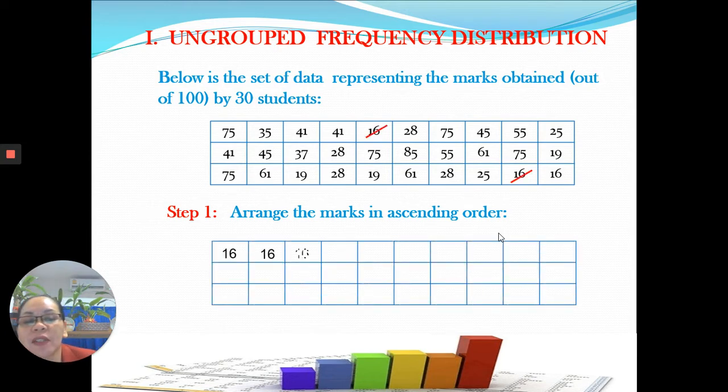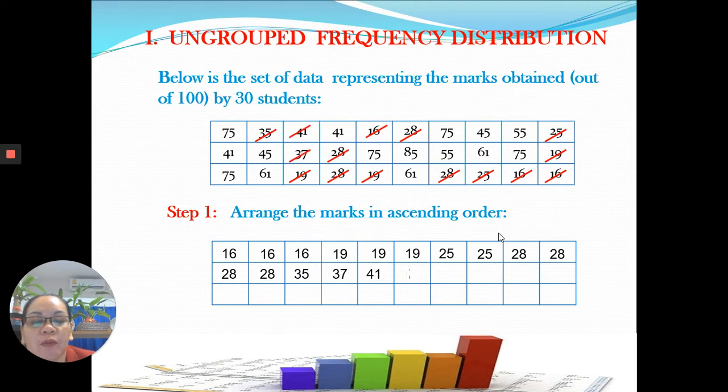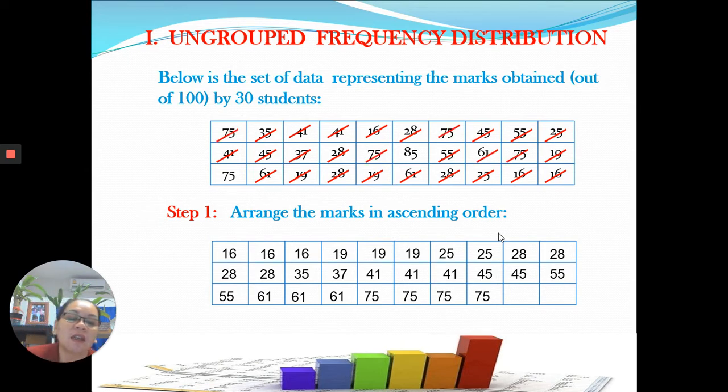So we arrange the marks. The lowest is 16, and we have three 16s. So you write that. Then followed by 19, 25, 28, 35, and then we have 41, 45, 61, 75, until we reach the final observation, which is 85.